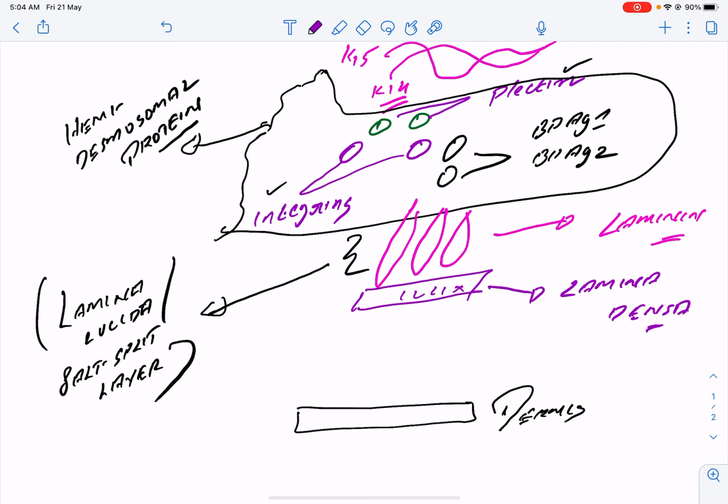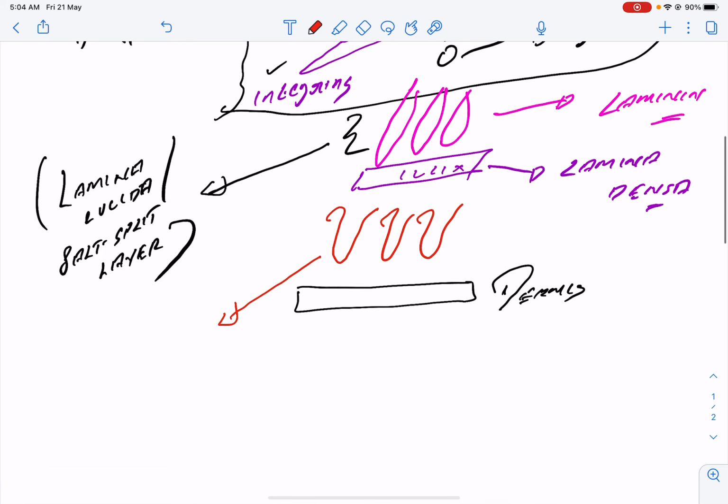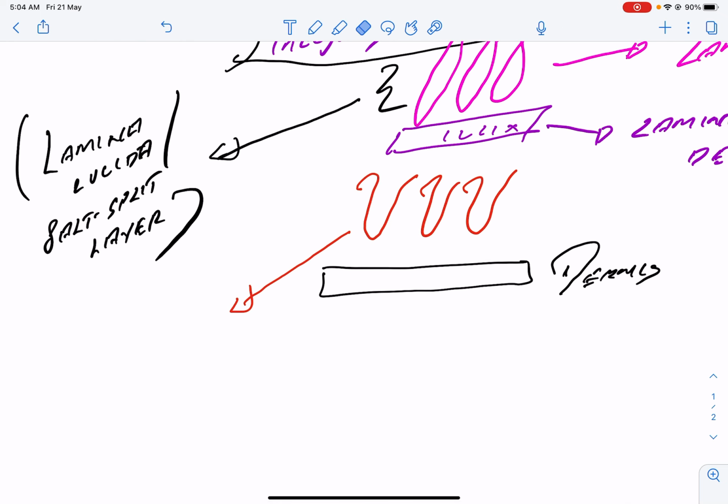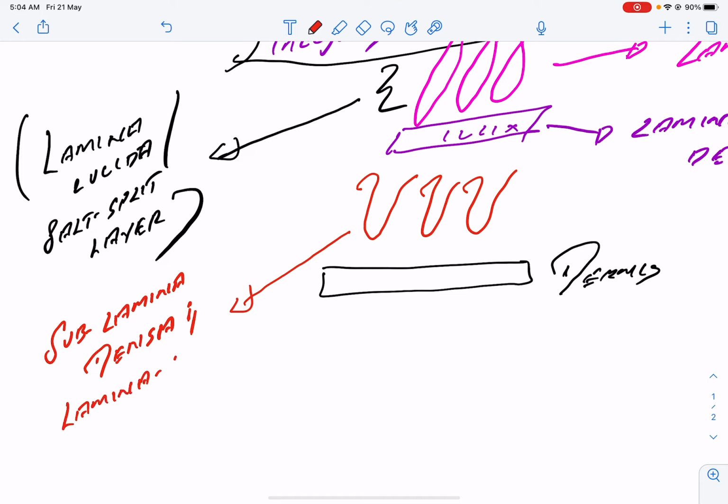Below the lamina densa we have a structure that connects to the dermis, called the sublamina densa, or lamina fibroreticularis.